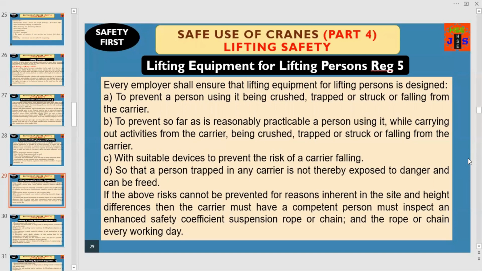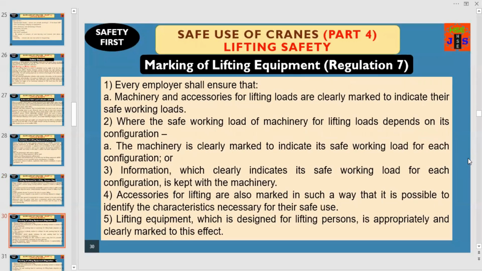If the above risks cannot be prevented for reasons inherent in the size and height differences, then the carrier must have an enhanced safety coefficient suspension rope or chain, and a competent person must inspect the rope or chain every working day.